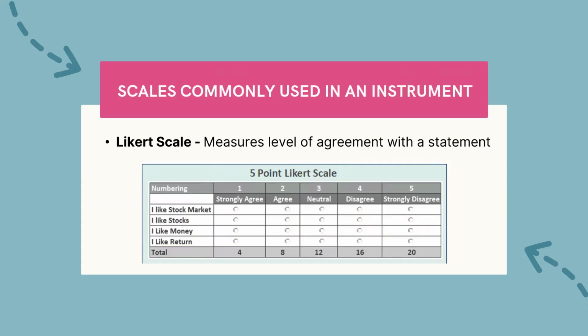The statements include, I like the stock market. So you are to check which among those indicators you agree with. Do you strongly agree? Do you disagree or strongly disagree? So that's it, Likert scale.